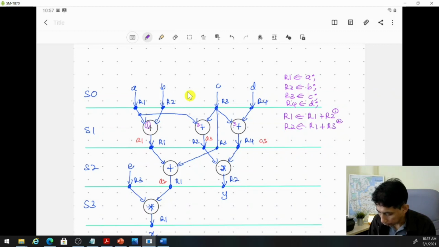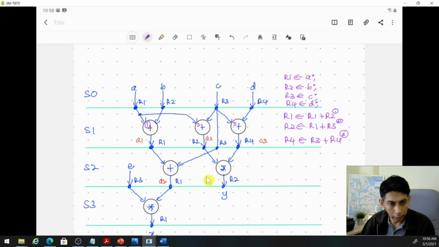This is adder number 2, and for this one, R4, which is R3 plus R4, this is adder number 3. All right, so these are the operations that we do in S1.